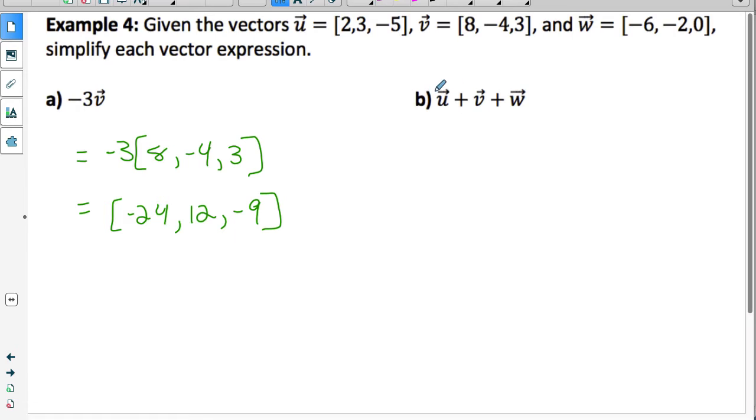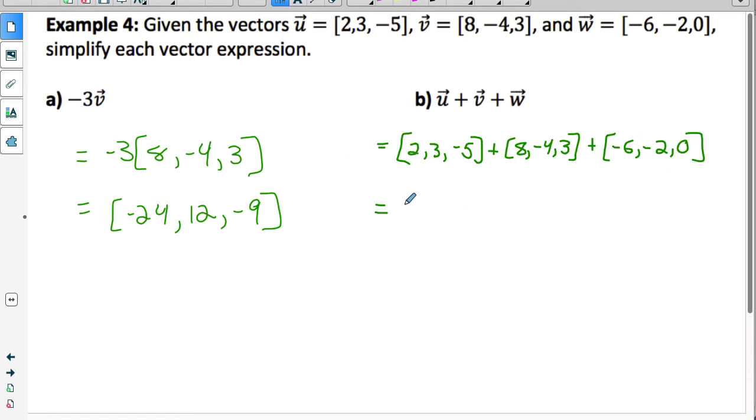Now I'm going to do the sum of vectors u, v, and w. So this would equal vector u, which is 2, 3, negative 5, plus vector v, which is 8, negative 4, 3, plus vector w, which is negative 6, negative 2, 0.